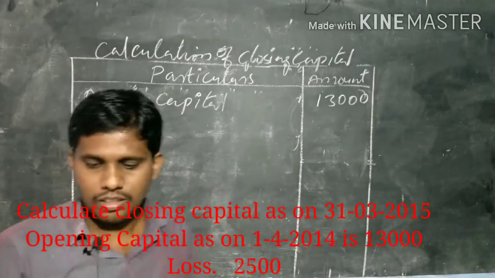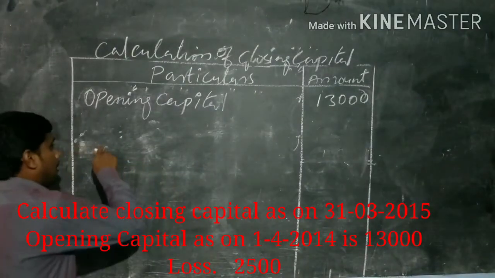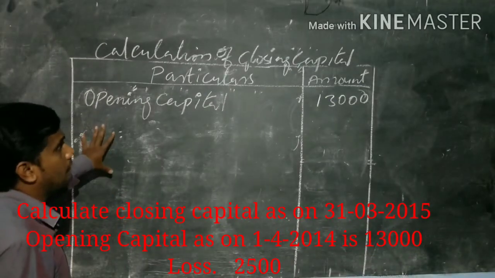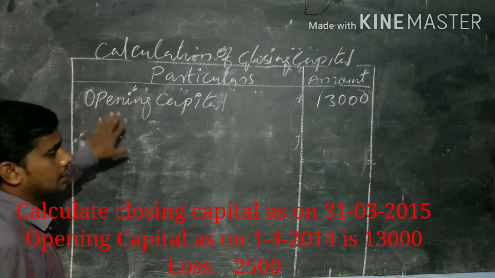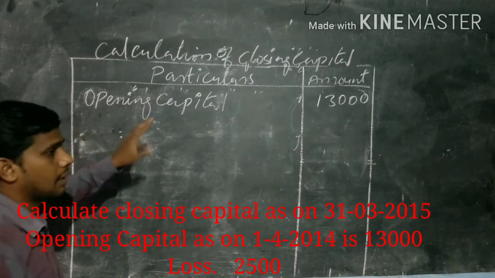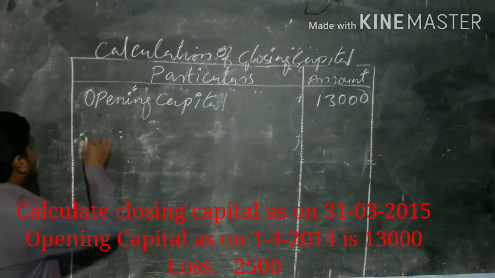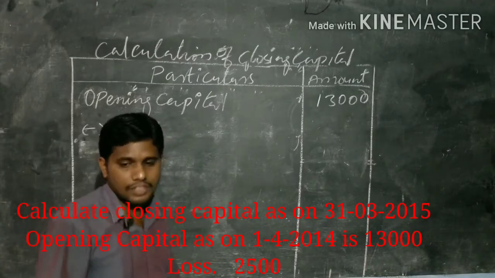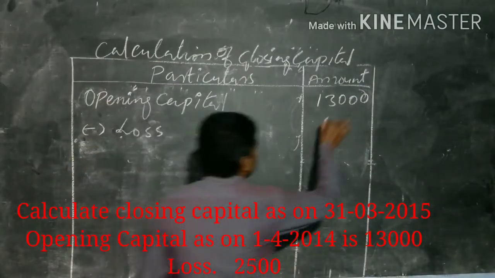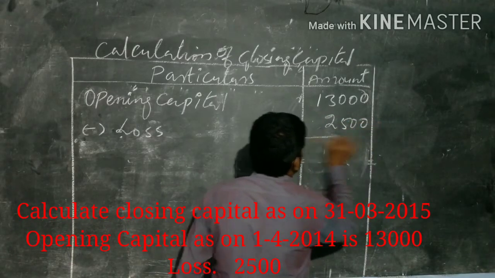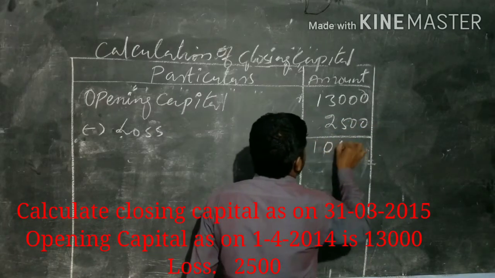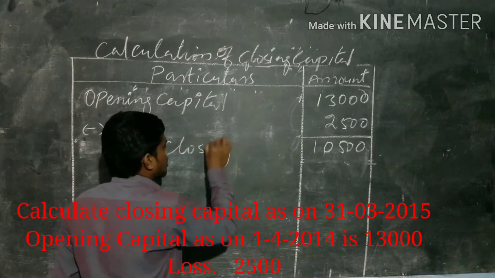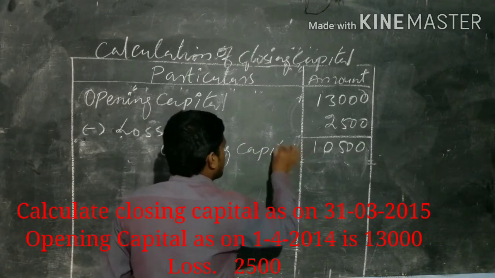And if profit is given, we add; if loss is given, we deduct. The first formula is closing capital equals opening capital plus profit or minus loss. How much loss is given in the question? 2,500. We got the answer 10,500. That is the closing capital.